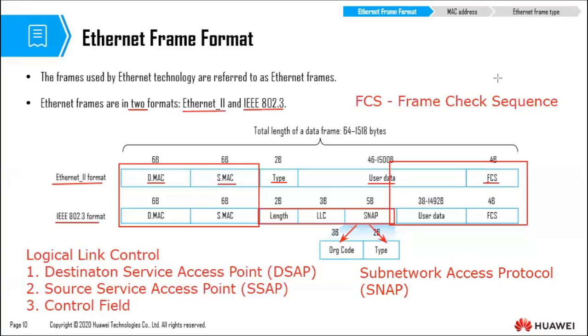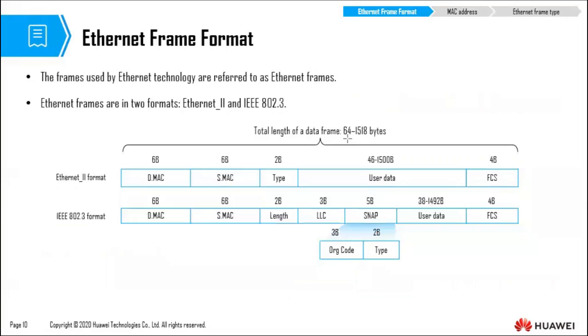Now, normally these frames will have a size of between 64 bytes minimum to a maximum of 1518. And there's a reason why we have a minimum size. You don't want the size of the frame to be so small, specifically because of how CSMA/CD works.